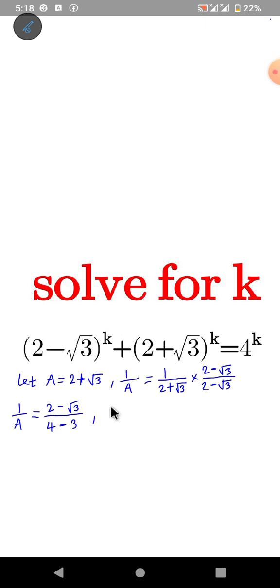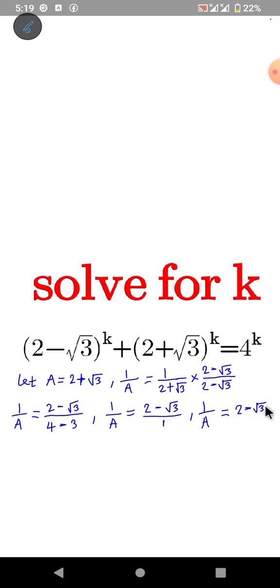Then 1 over a will be equal to 2 minus root 3 all over 4 minus 3, which is 1. So therefore we can say 1 over a is equal to 2 minus root 3.